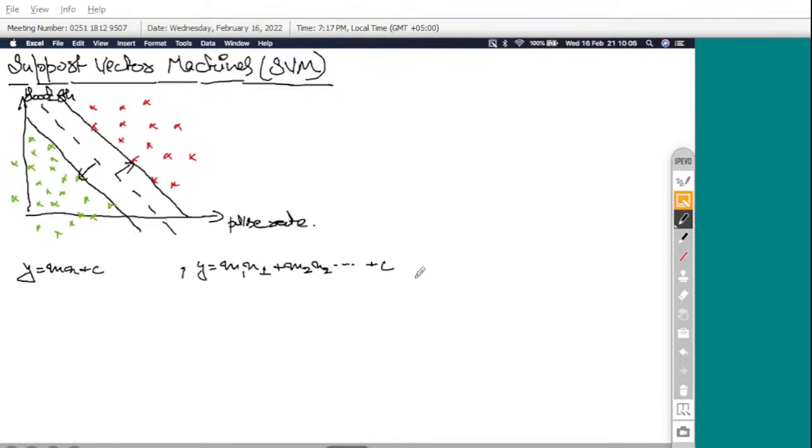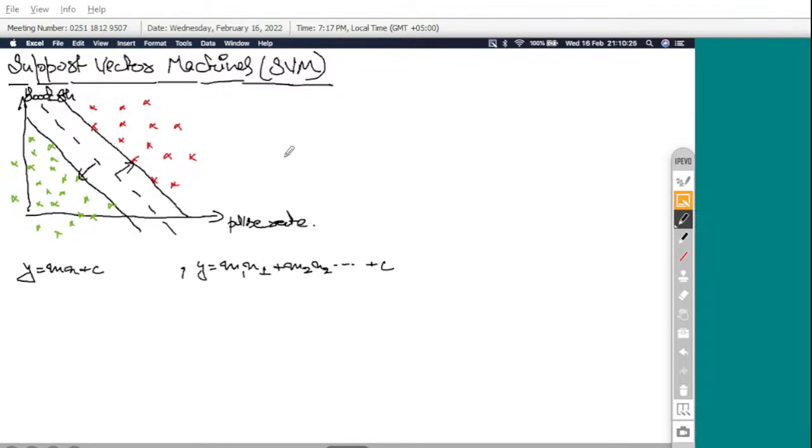In the binary case, there will be only one hyperplane. In multi-class classification, there will be multiple hyperplanes to classify the different classes. If there is a third class, there will be two hyperplanes in order to separate the three classes. There will be a separate hyperplane to separate every class from the other data.